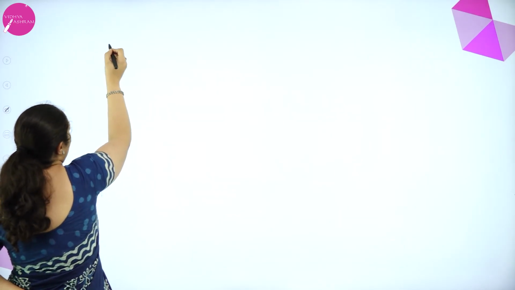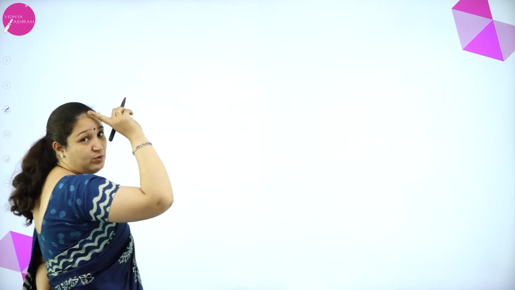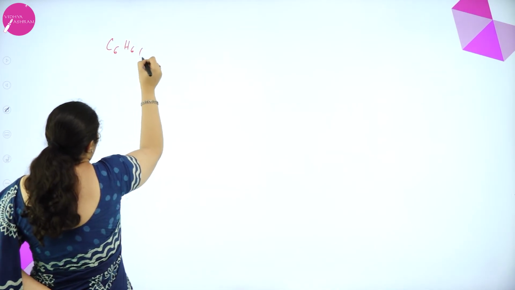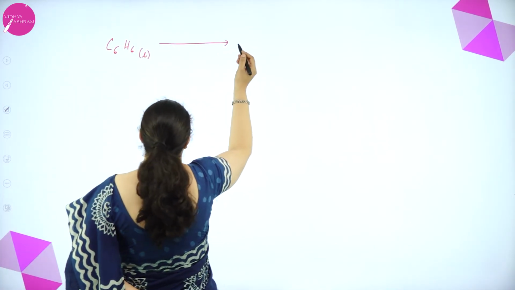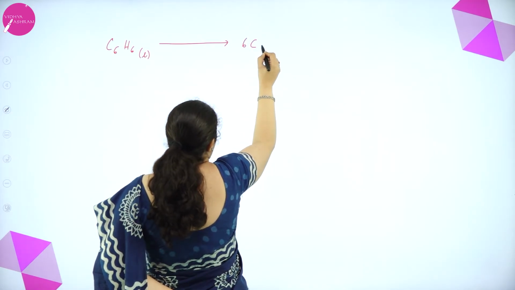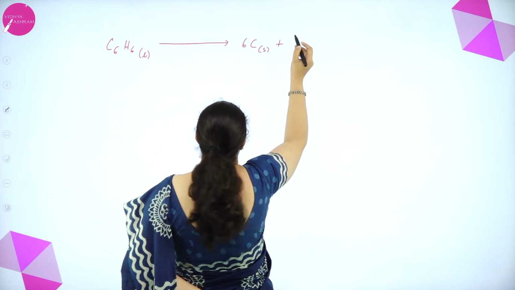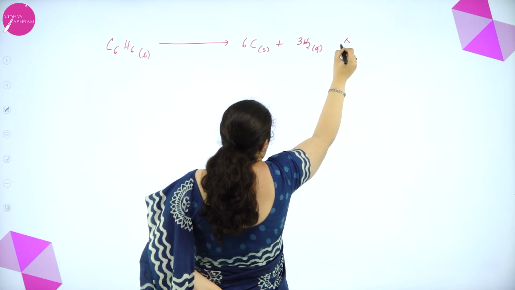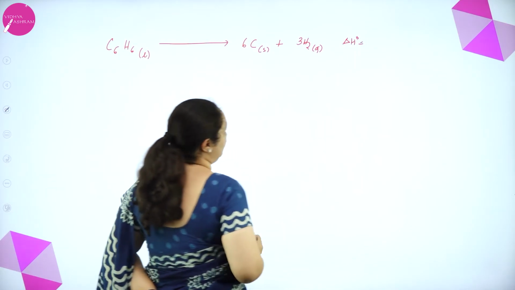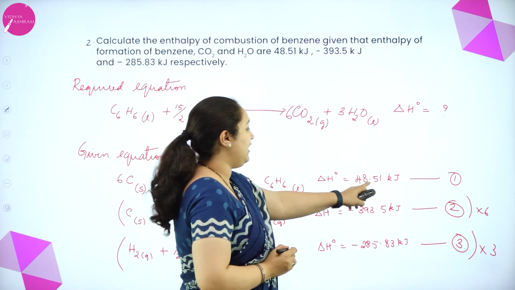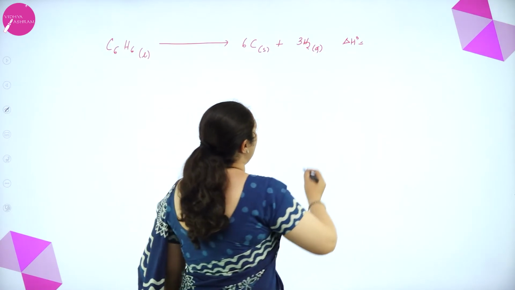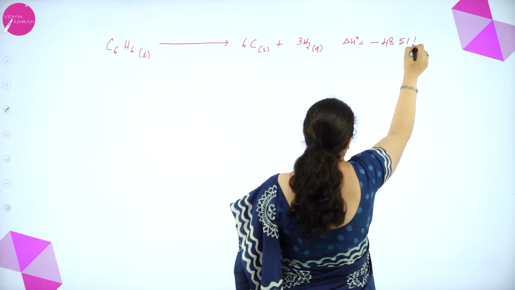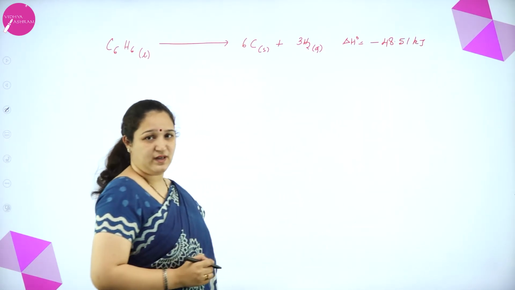When I reverse equation 1, I'll get C6H6 liquid giving 6 carbon solid plus 3H2 gas, and delta H naught. You can see here it is 48.51 kilojoules, but since I've reversed it, it will be minus 48.51 kilojoules. Correct?